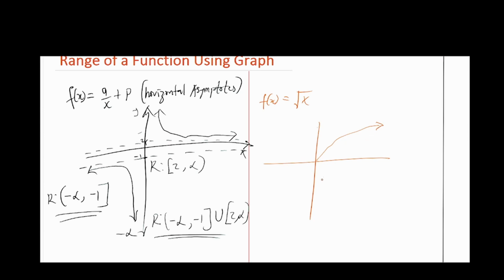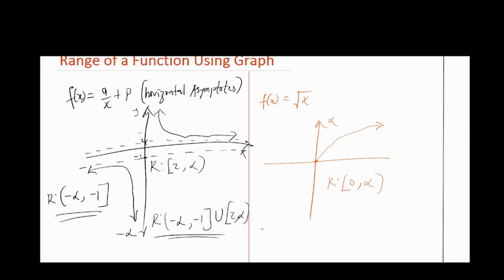How do we write the range? We can say that the range, this is 0, which is the origin, to infinity, and we have our infinity. So, because 0 is included, we will have from 0 to infinity.